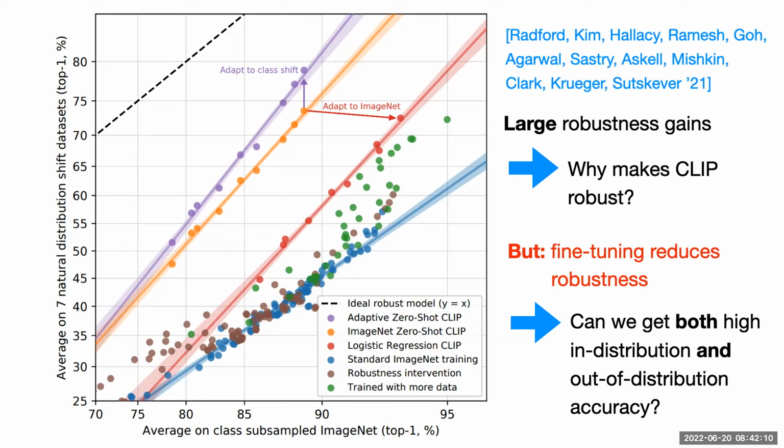So you move on the x-axis, but you actually make the model worse on the y-axis. So you're sacrificing robustness to improve your in-distribution accuracy. And then the natural question is, is this necessary, or can you get the best of both worlds? So improve in-distribution accuracy from fine-tuning while maintaining out-of-distribution robustness. Cool. And this is something my group has worked on over the past year.